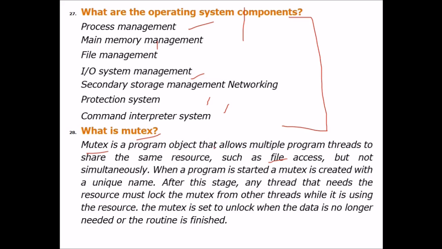This is very important. So when a program is started, a mutex is created with a unique name, and after this stage, any thread that needs the resource must lock the mutex from other threads while it is using the resource. The mutex is set to unlock when the data is no longer needed or the routine is finished.